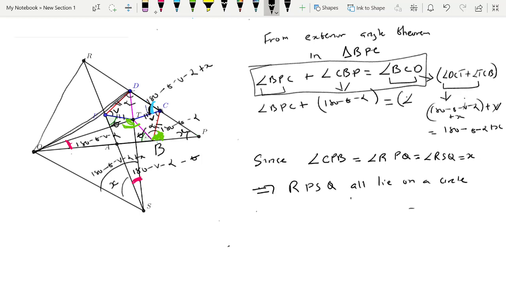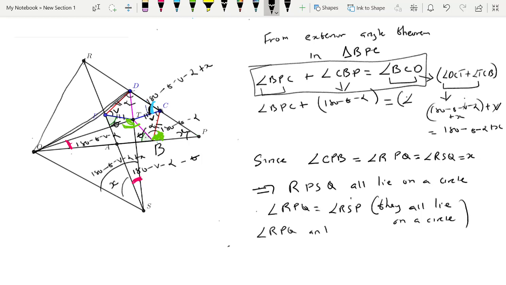You can see why: angle RPQ equals angle RSQ means they lie on the circle. They are subtended by this chord RQ. Angle RPQ and angle RSQ are subtended by the segment RQ.